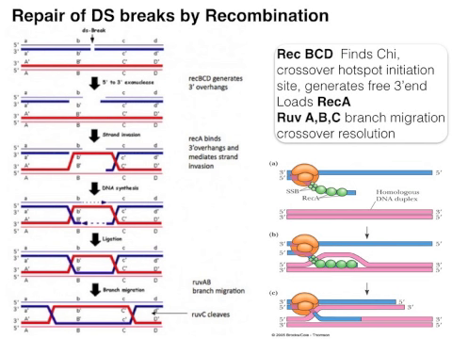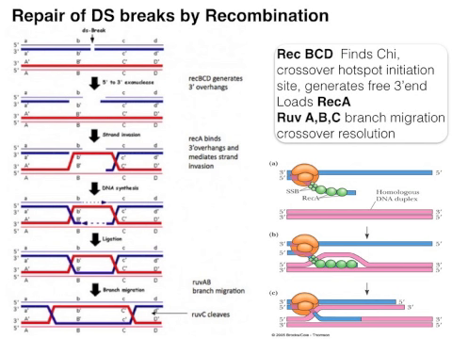The next thing that happens is something that's called branch migration. We have generated two crossover points, and these migrate along the DNA to create a more stable interaction between these two homologs in preparation for cleavage.